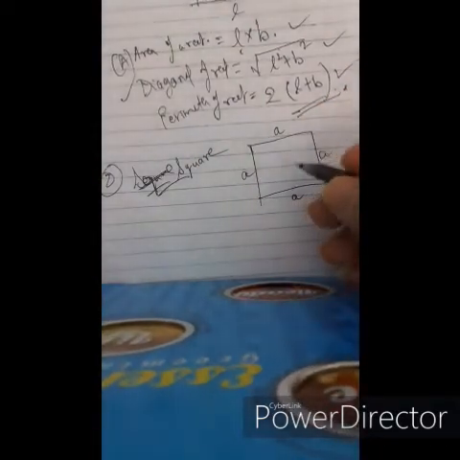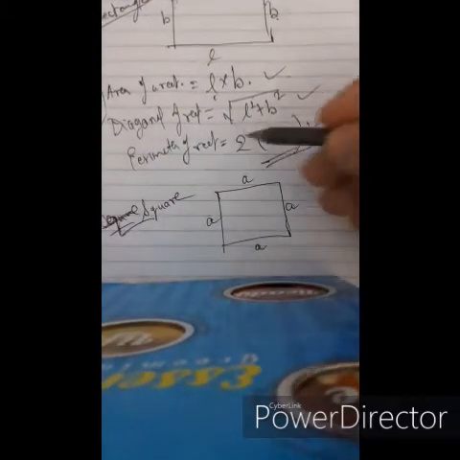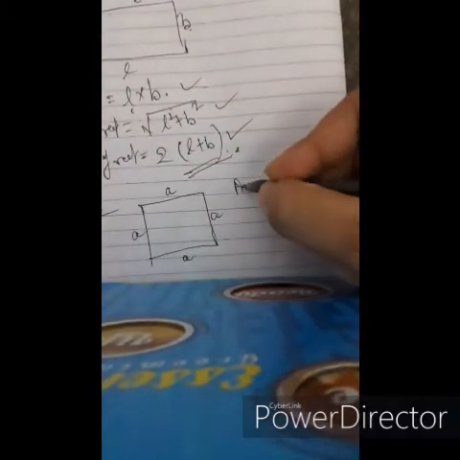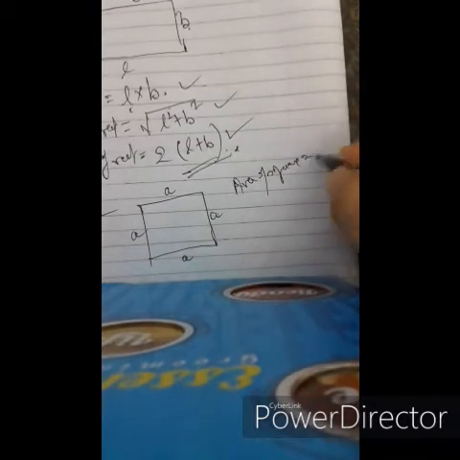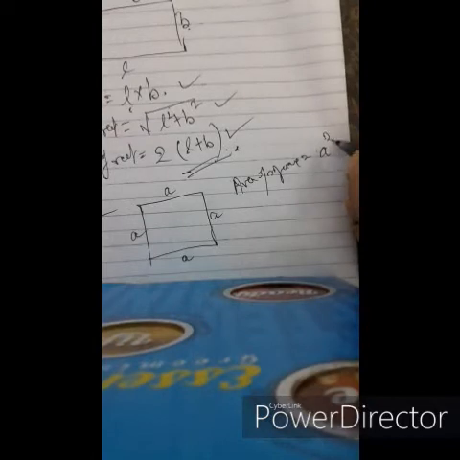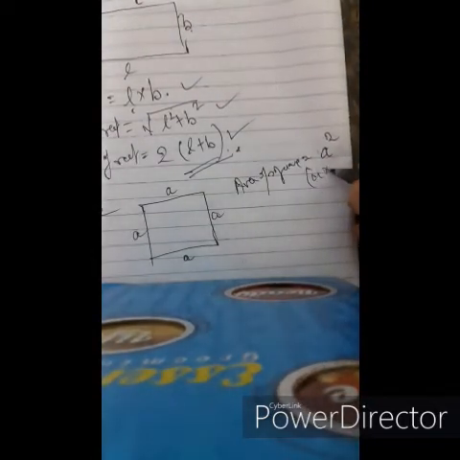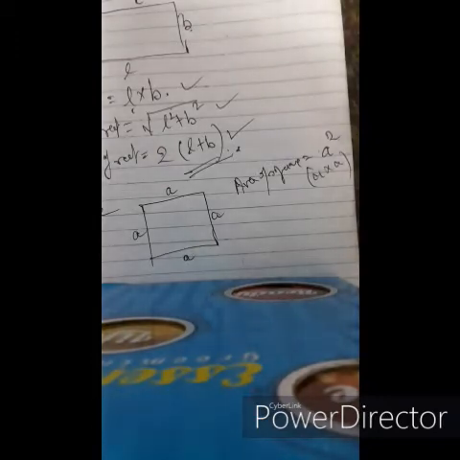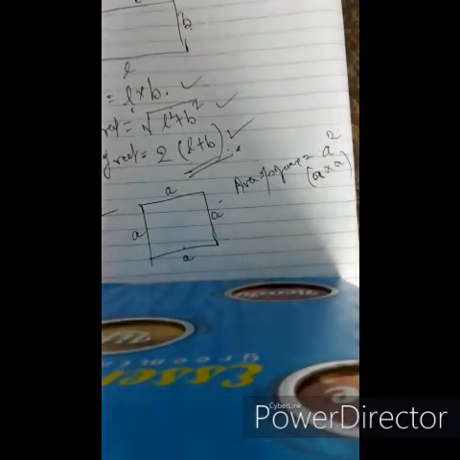So what is the area of a square? This is the square, all sides of length A. So area of square is A square, that is A into A. Product of two sides is area of square.